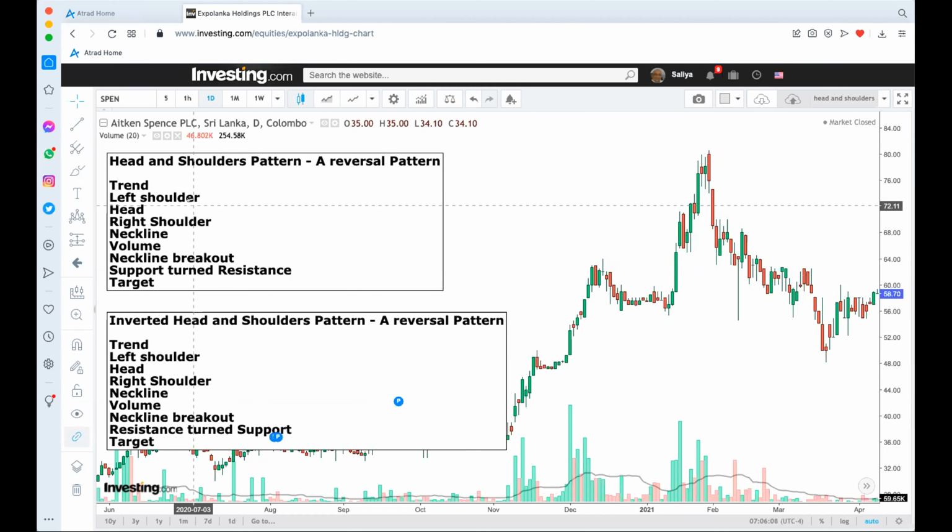Ideally, in the Sri Lankan market, you need to see a trend, if it is an uptrend, of more than 3 months. And fortunately, in our case right now, the present uptrend is more than 3 months. In fact, we started the uptrend in May 2020, and still we are respecting that uptrend.